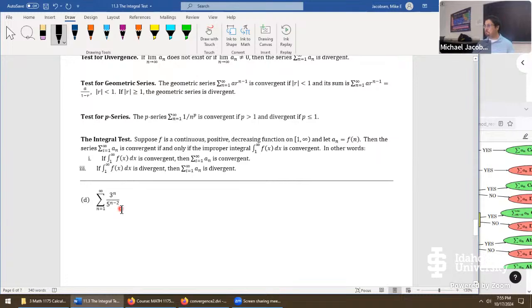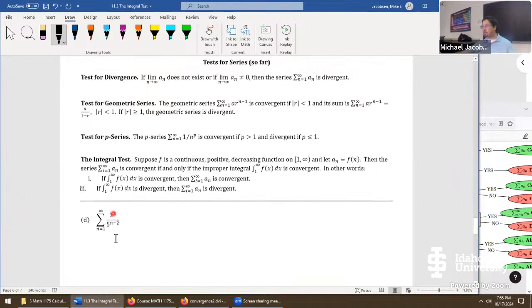Starting off with this one, what would y'all say it feels most similar to? Should we use the test for divergence, geometric series, P series? And if all else fails, should we try the integral test? Anyone have a good inclination on that one?